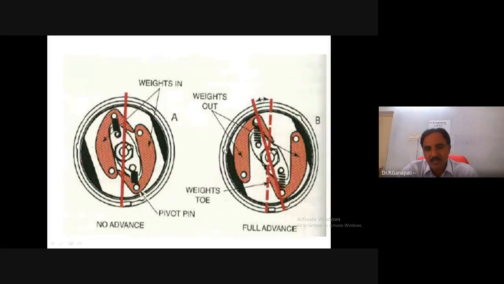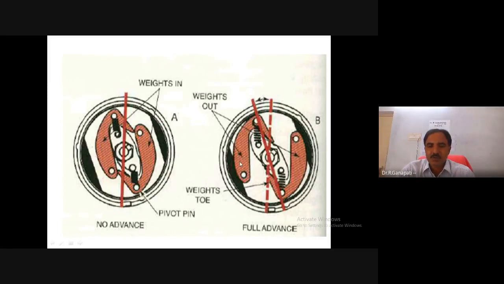When the engine speed increases, the distributor also rotates, and due to the rotation of the flyweights, a centrifugal action occurs here, and due to that centrifugal action, see here, the continuous line is the initial one, and the dotted one is the movement of the cross piece in the advancing one.